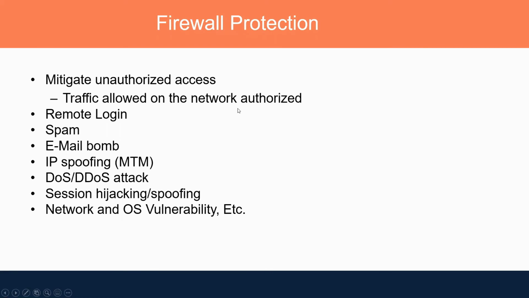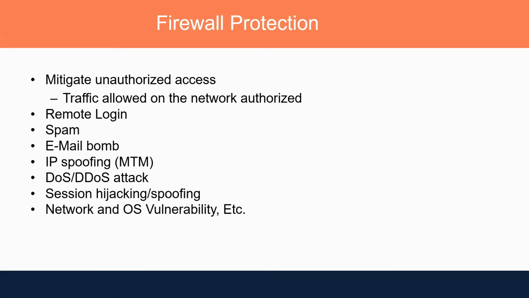That is the firewall protection. The firewall mitigates unauthorized access. How does it mitigate unauthorized access? Basically, a firewall has some implicit and explicit rules, and based on those it is allowing the traffic. Whatever traffic you have allowed on your network, only that traffic would pass through the firewall.